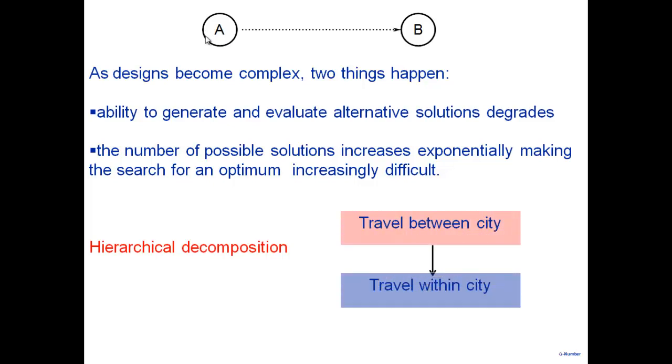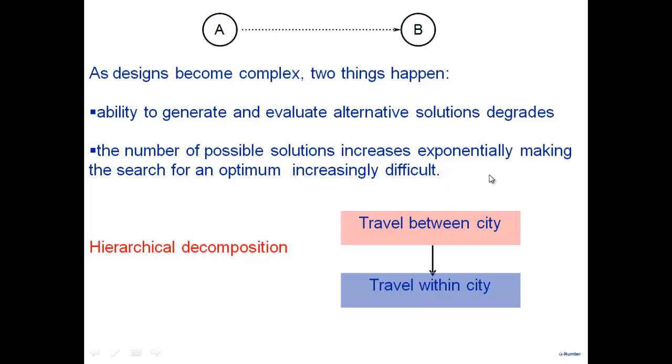So I may want to break my problem, decompose it, into 2 parts. First, I'll try and figure out the travel between the cities, between Delhi and Kanpur. And once I solve this particular design step, then I'll figure out travel within the city. So my design now becomes a 2-step process. And you will realize that as I add more complexity to my design, I may want to add a 3rd layer on top.